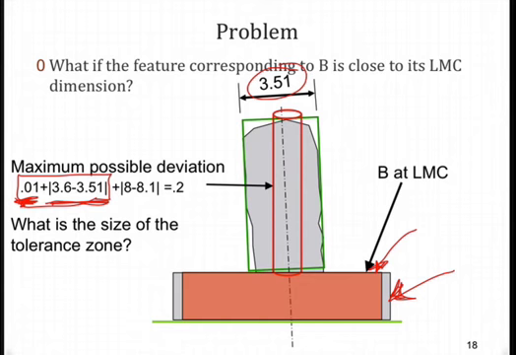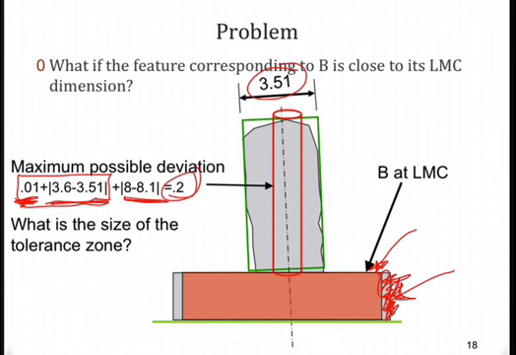However, we also have the potential for this deviation as seen here from our maximum material condition, and if it happens to be 8.1 versus 8, then we're going to end up with a tolerance zone width of 0.2 in reality with this gauge that we've created.